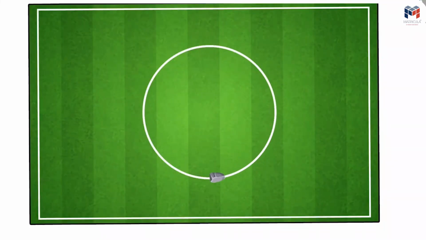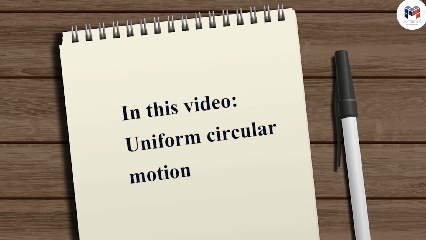It shows that when the stone is moving along a circular path, its direction of motion changes at every point. In this video, we learned about uniform circular motion.